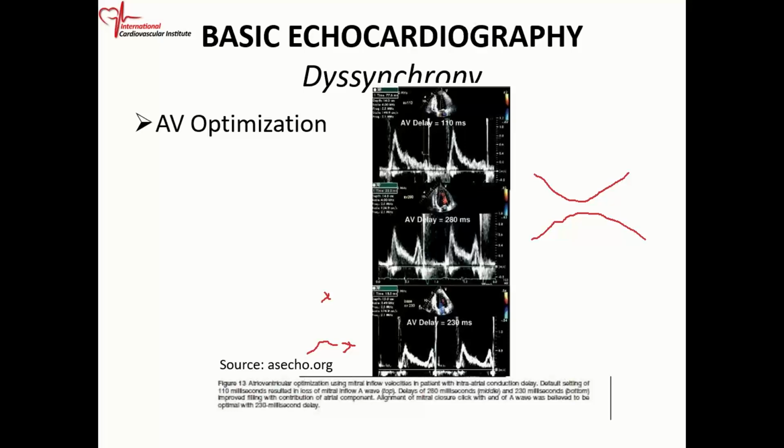So if your ejection fraction is low, it's less than 30%, and there are recent studies showing that even ejection fraction of 50%, those patients may benefit from a biventricular pacemaker.